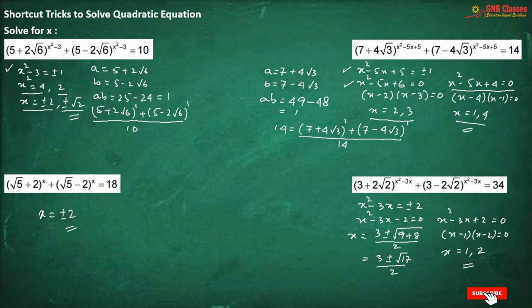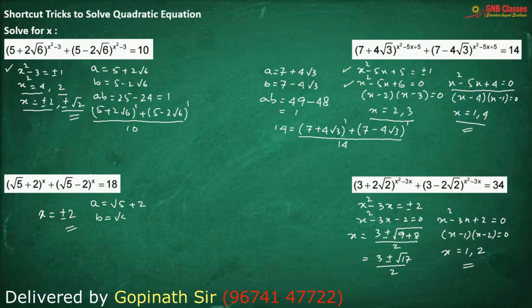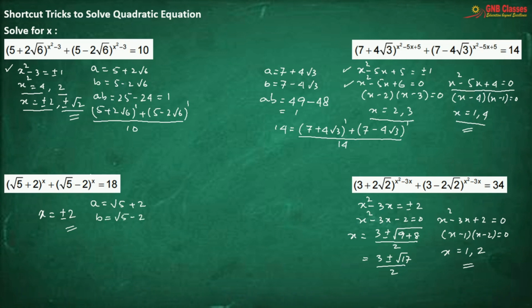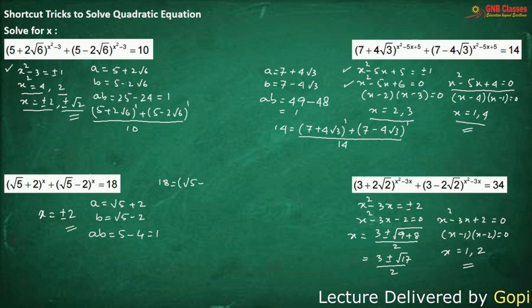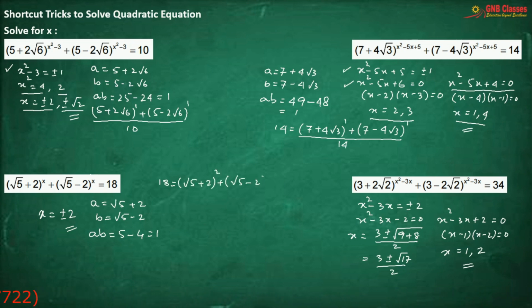Now let us come to the third sum. Here a is root 5 plus 2 and b is root 5 minus 2, right? So ab will give you 5 minus 4, which is nothing but 1. On the right hand side we are having 18. 18 can be written as (root 5 plus 2) whole square plus (root 5 minus 2) whole square.